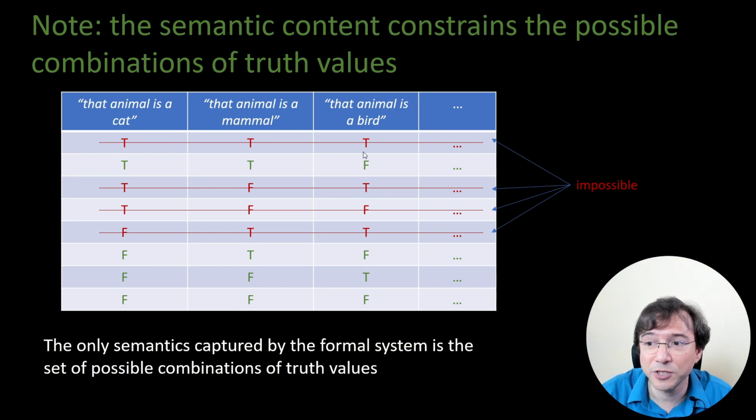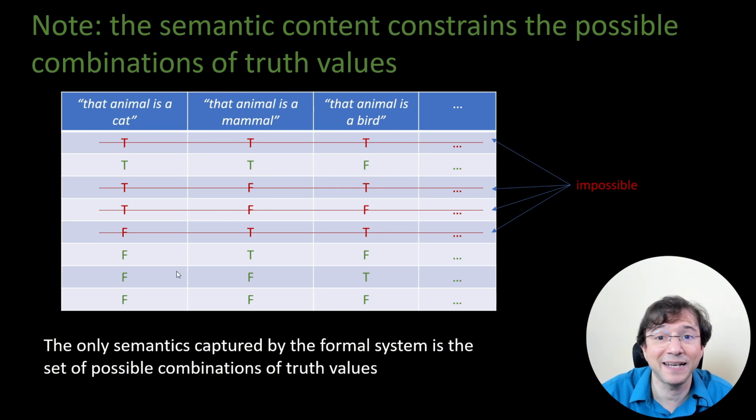All these things cannot be true because something can't be a cat and a bird, or something cannot be a cat but not a mammal, and so on. So all these combinations are impossible assignments. We can't assign these particular truth or falsehood values to these particular statements.